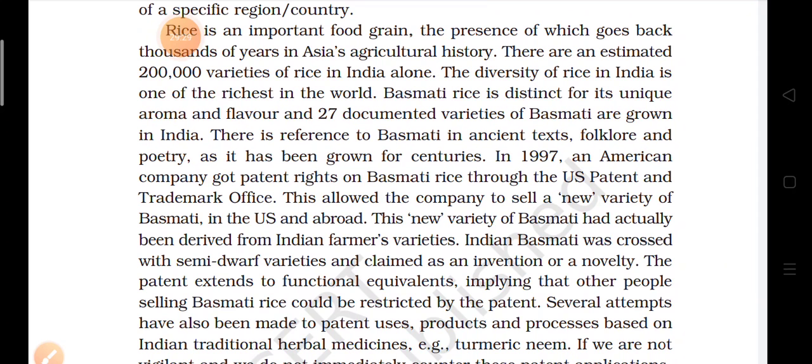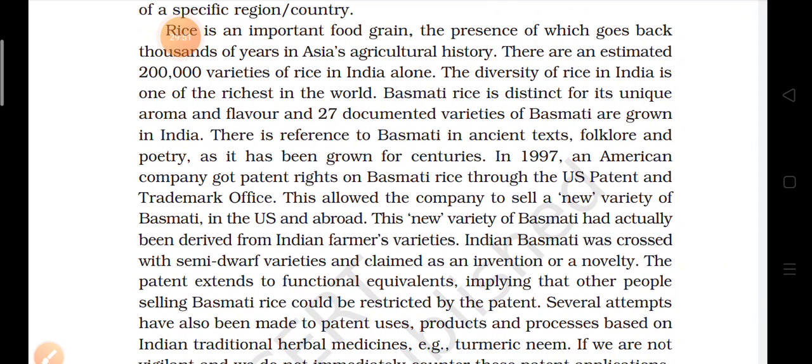Basmati has its unique aroma and flavor. In our literature and history, 27 varieties of basmati are mentioned, and these records are taken from our ancient texts, folklore, and poetry also.